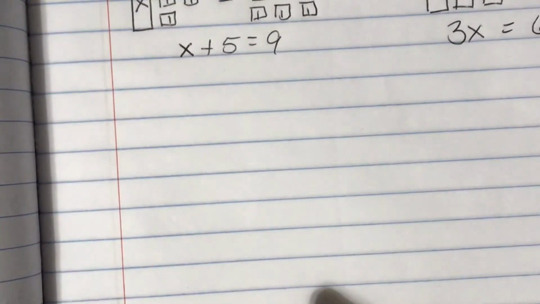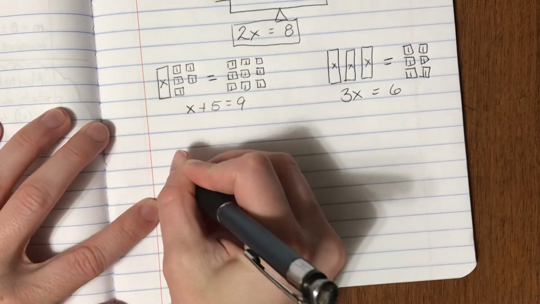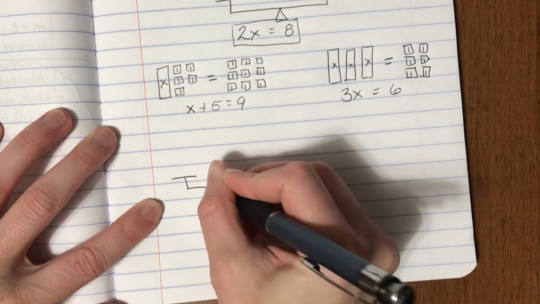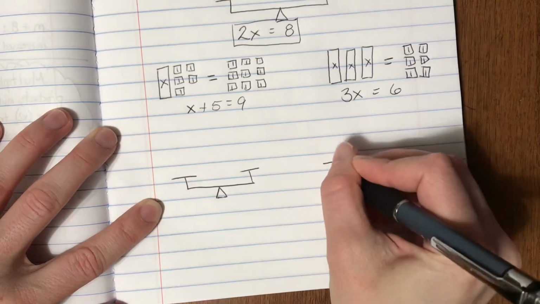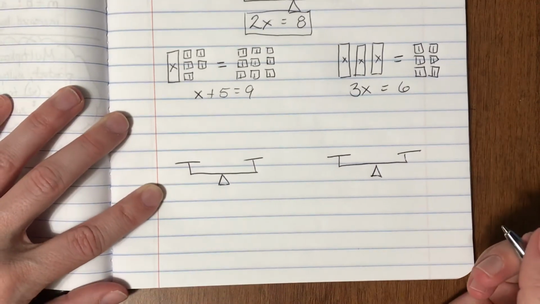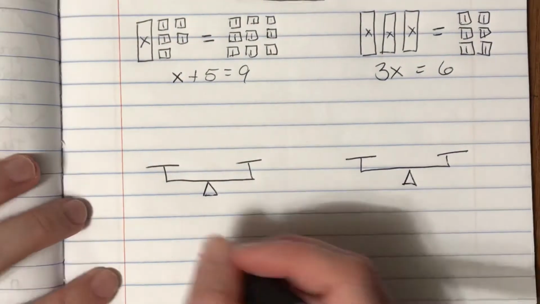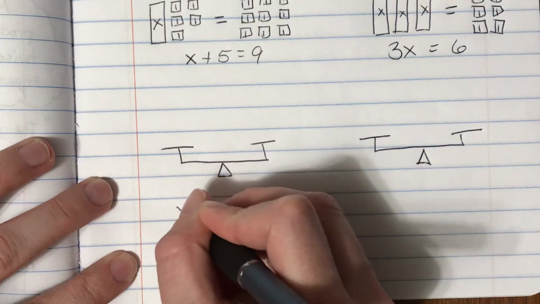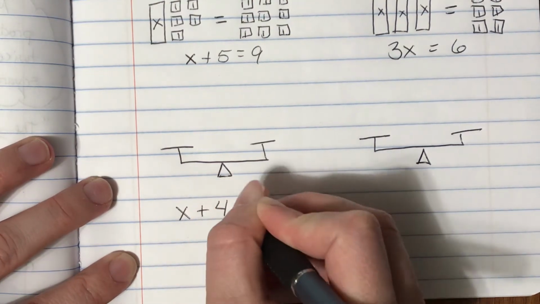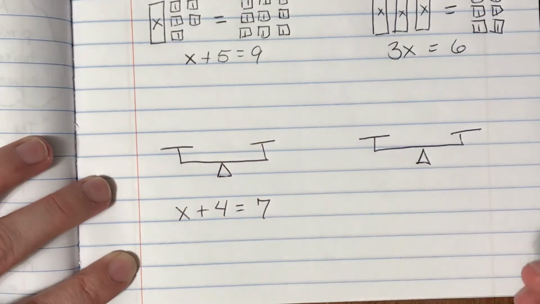All right, so the last thing I want you to do is draw your own picture. So I'm going to draw 2 little tiny balances here. So one here and one over here. And I want you to represent on these 2 balances. On this side, I want you to represent x plus 4 equals 7.